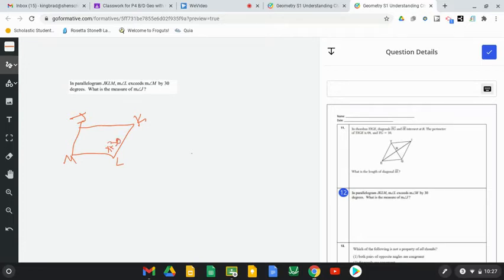That means M will be X. How can I solve for X? Well, wait a second. These are consecutive angles on a parallelogram. That means they're supplementary. They add up to equal 180.